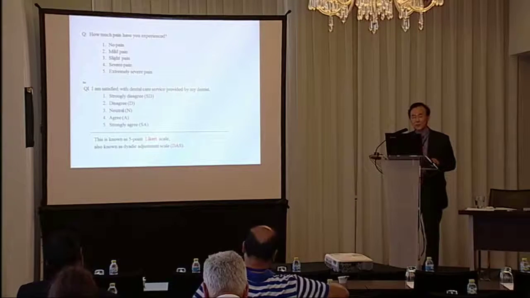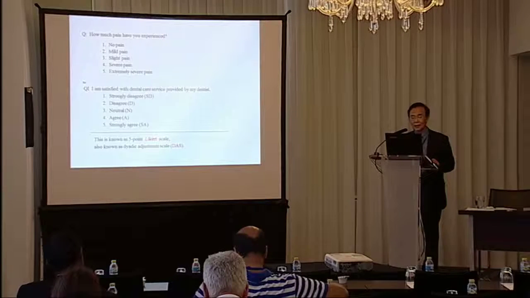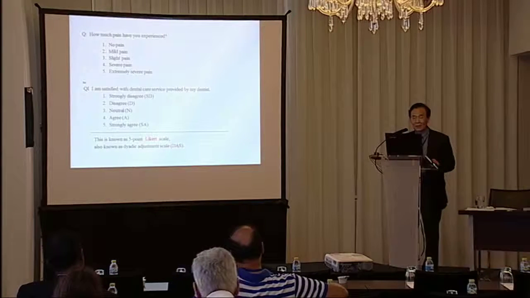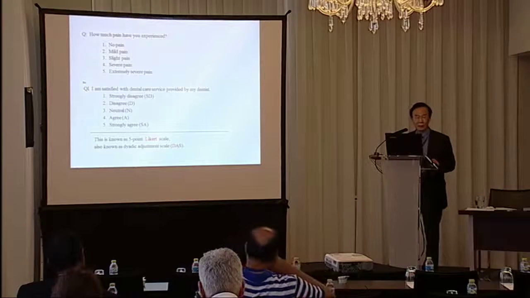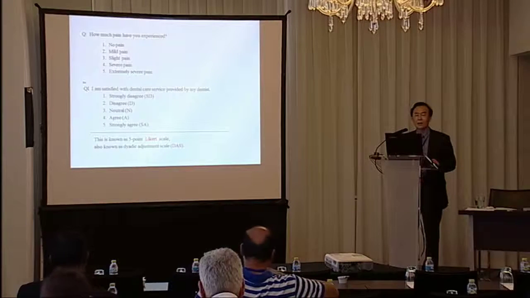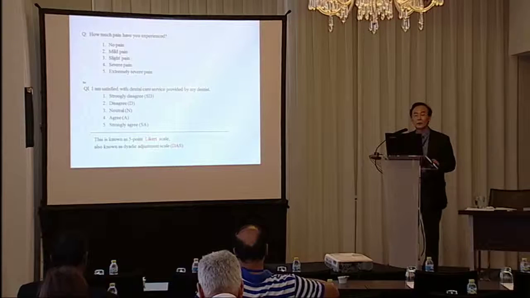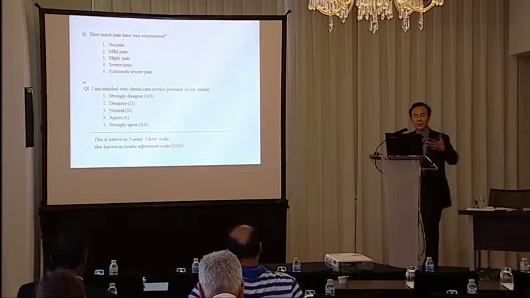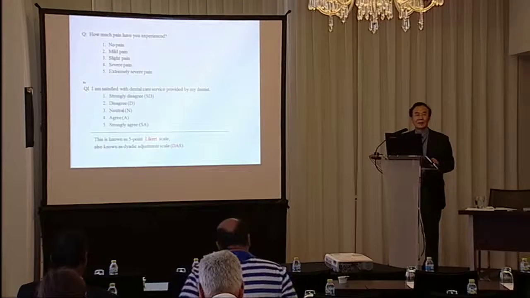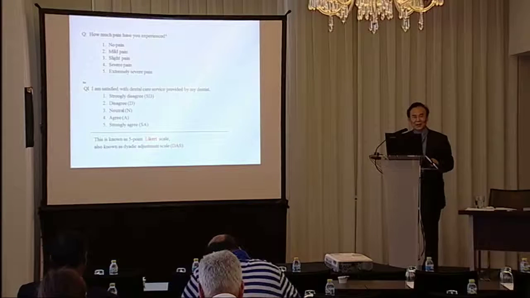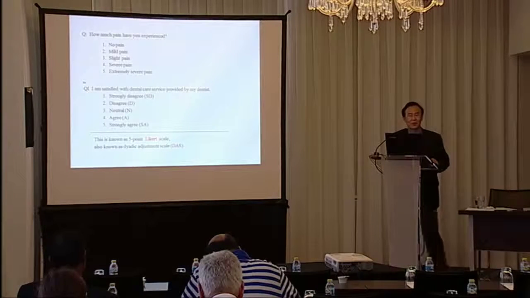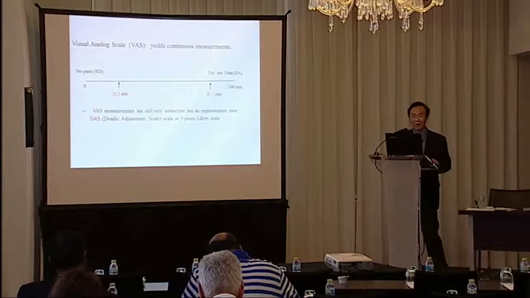This was first suggested by psychologist Likert, and that's why this is typically known as a 5-point Likert scale. Now, because 1, 2, 3, 4, 5 are assigned to these categories, too many people think that these values measure these categories, and that's where the problem starts.